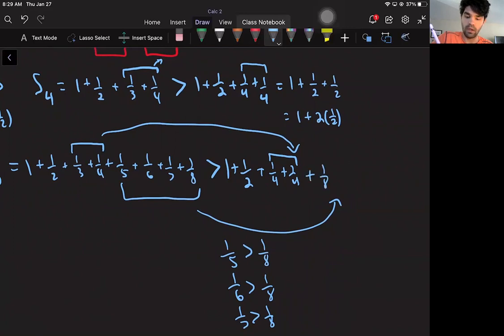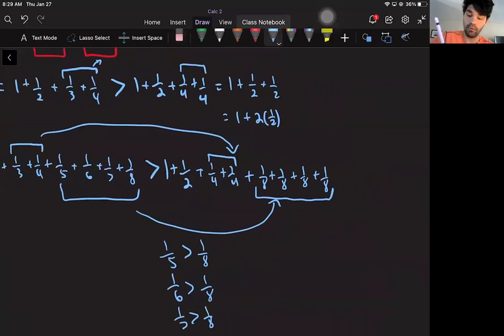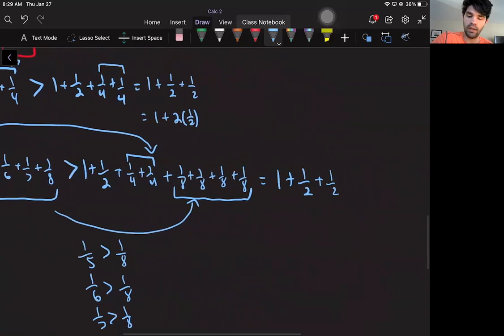So 1/8 plus 1/8 plus 1/8 plus 1/8 is replacing the last four terms. And then we can rewrite this like before. So this is really a 1 plus a half. Those two 1/4 add up to a half. And now the 4 1/8 also add up to a half. So this is really 1 plus 3 halves.